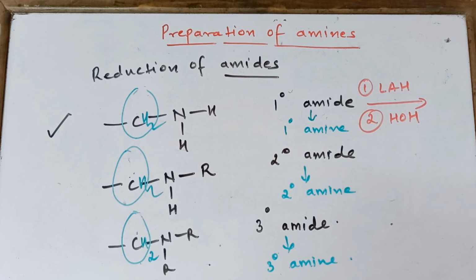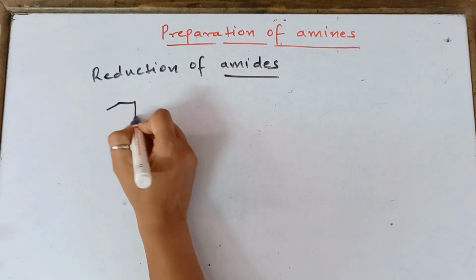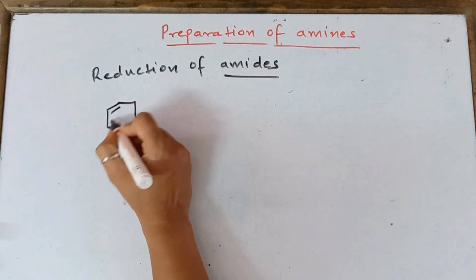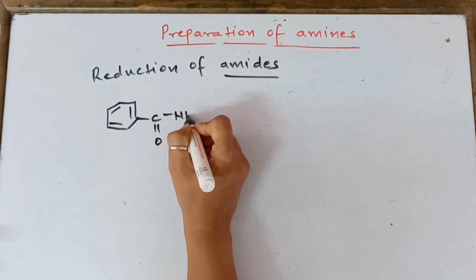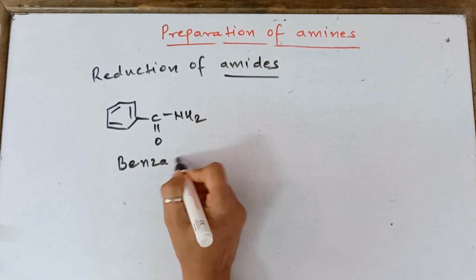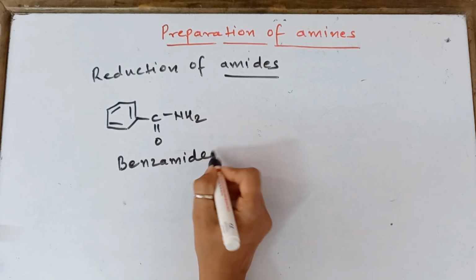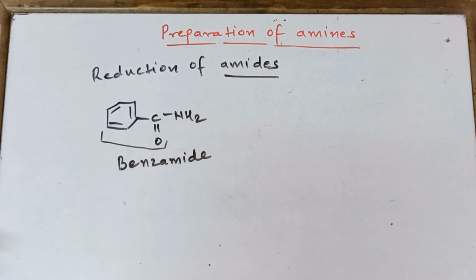We can take some example also for this. I will take a very simple example over here which is common in your exam. This is a very famous aromatic amide, which is called benzamide. It's coming from benzoic acid. We can see here that this portion has been brought from benzoic acid.